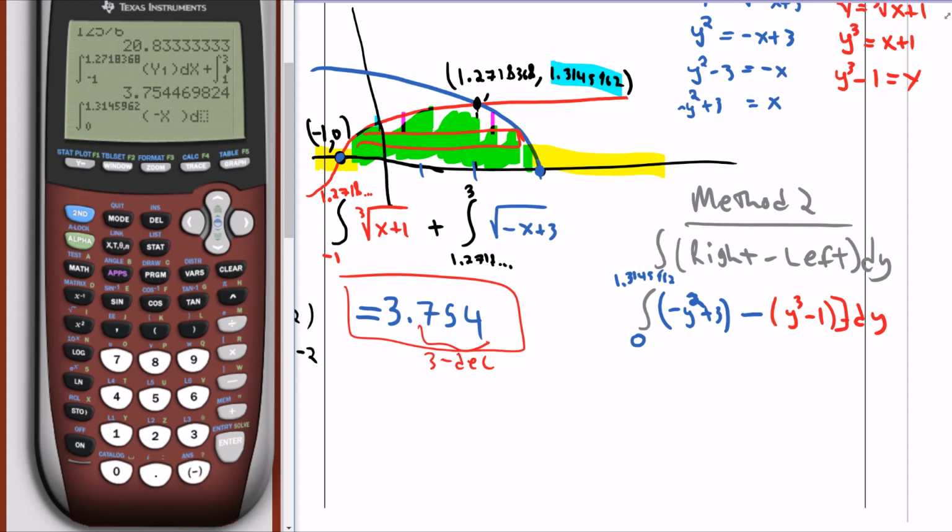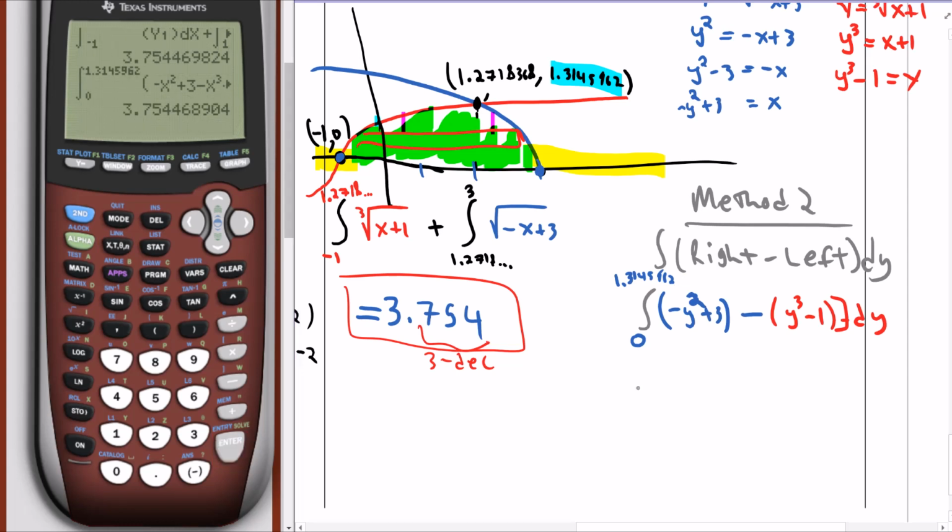Negative x squared plus 3 minus, let's go and distribute that in there. It's going to be negative x to the third plus 1 because the negative distributes, dx. And again, I know you're probably weirded out because I'm putting x's in the calculator when it says y's, but it will give the same answer, and it should match our other answer as well.